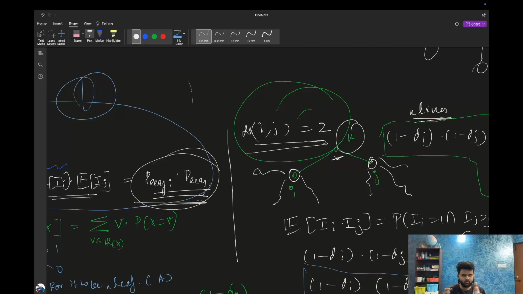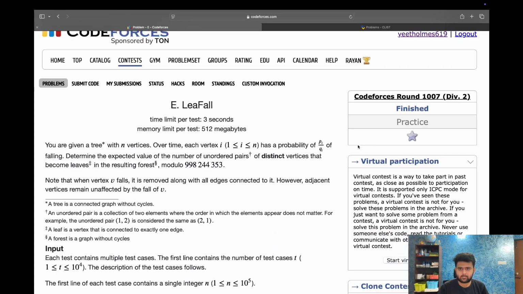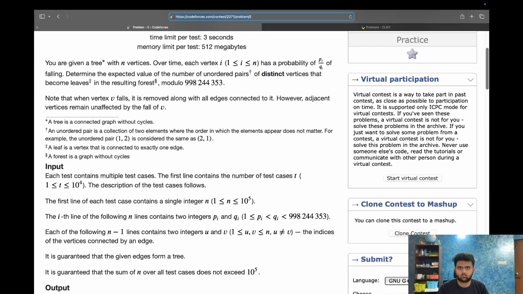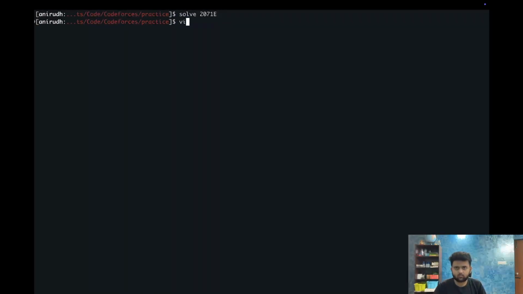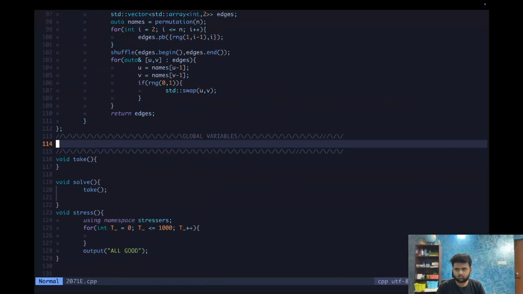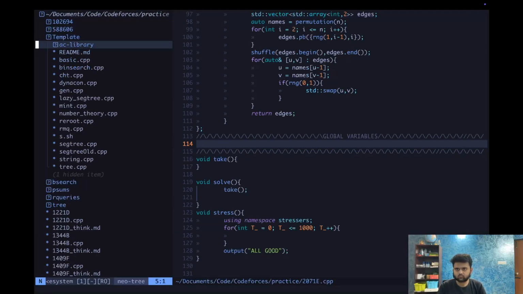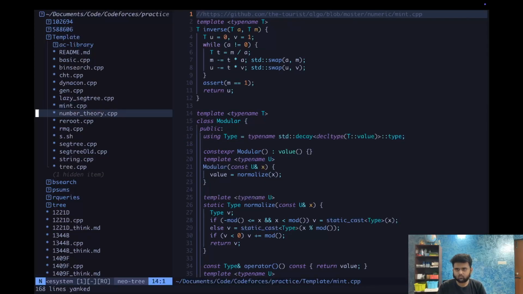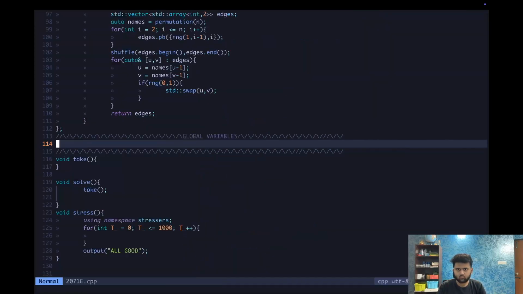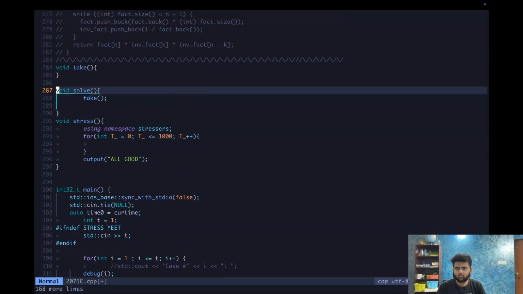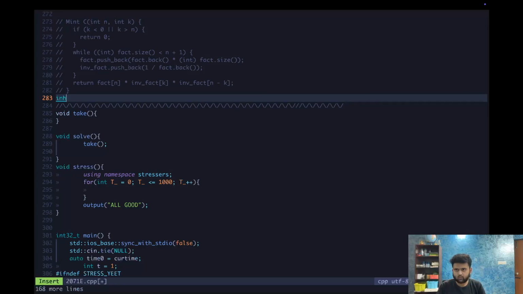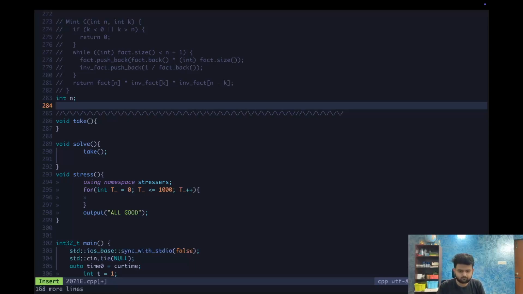So I'll be using Tourist's mint template for this. You take your input: you have your number of vertices, you have the probabilities.